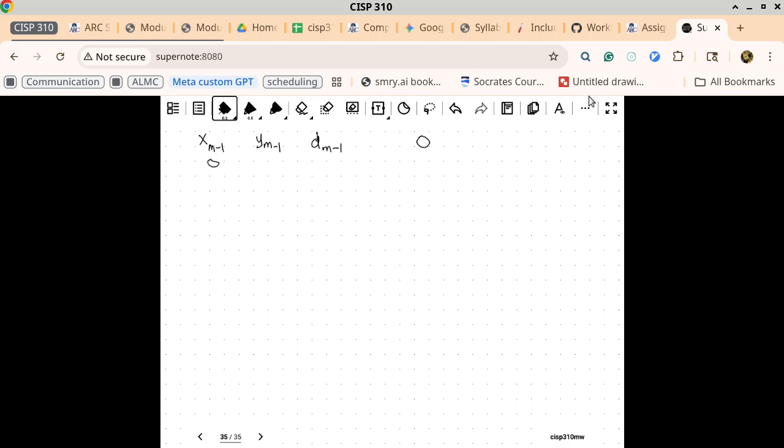So now you have a table of 8 entries: 0 0 0, 0 0 1, 0 1 0, 0 1 1, 1 0 0, 1 0 1, 1 1 0, and then finally we have 1 1 1. So I just turned this into a truth table of sorts.